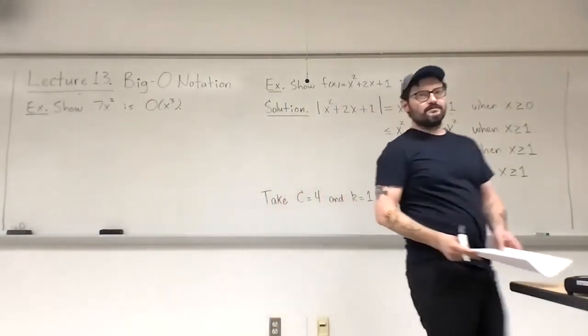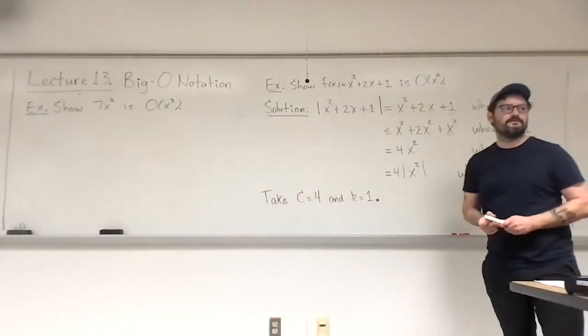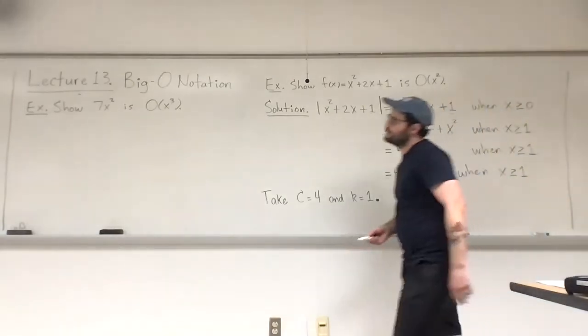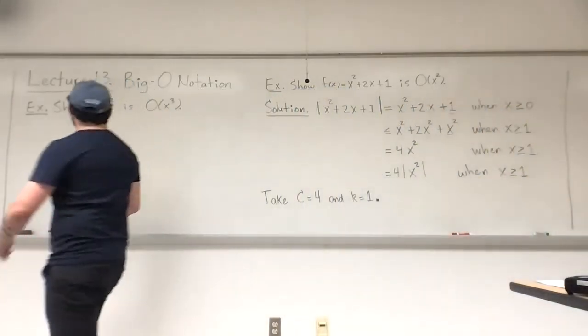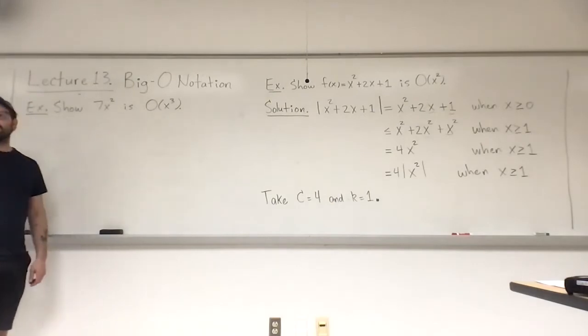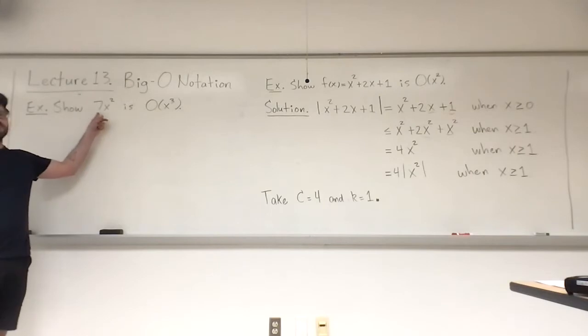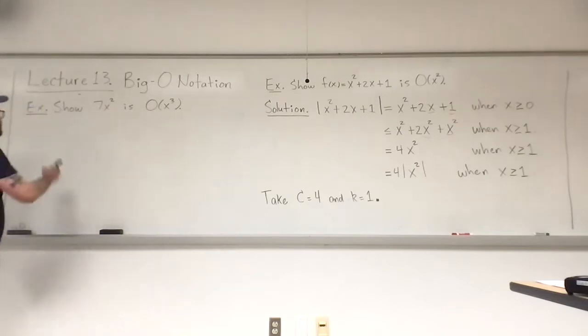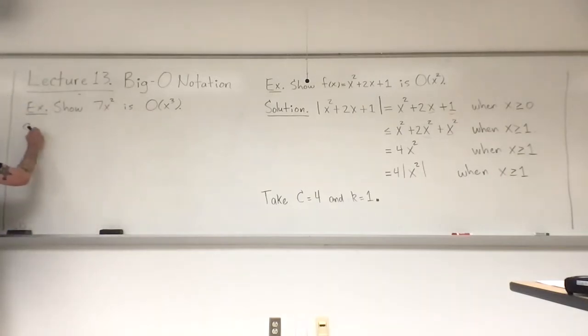Now this one is almost easier in a sense, because as soon as x is greater than or equal to 7, this is going to be at most x times x squared, which is x cubed, right? So this one is kind of easier. We should still write out the formal solution.